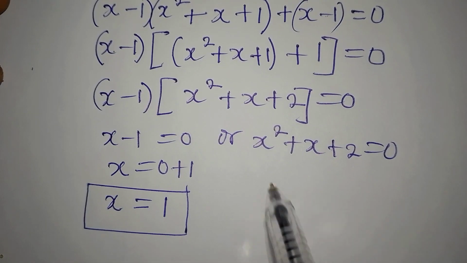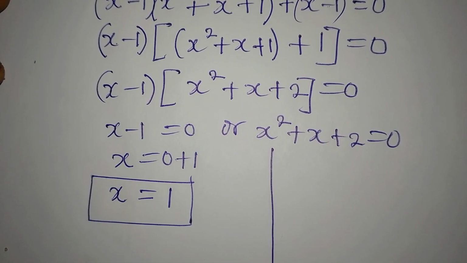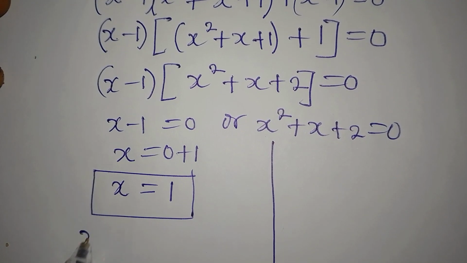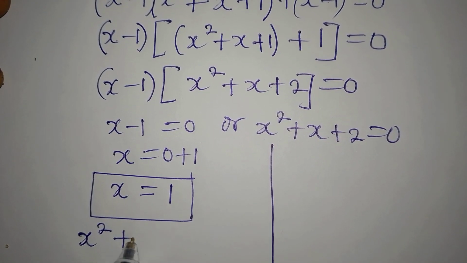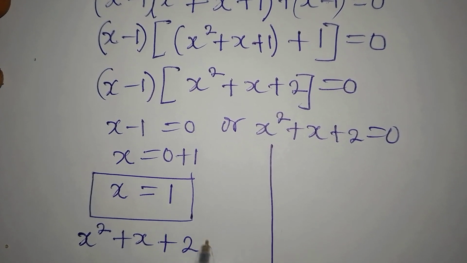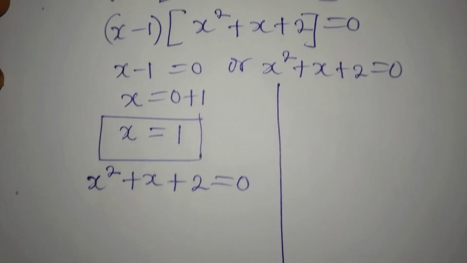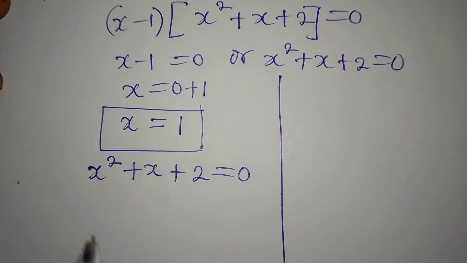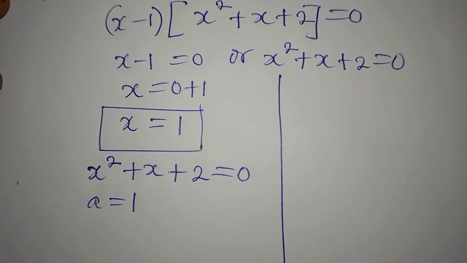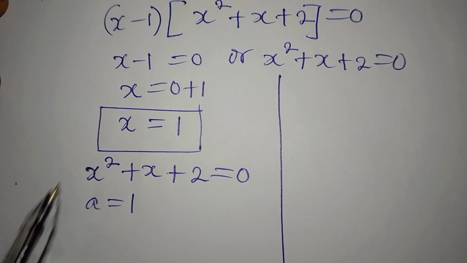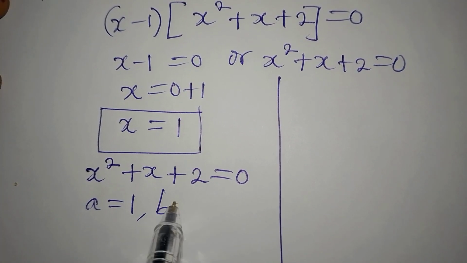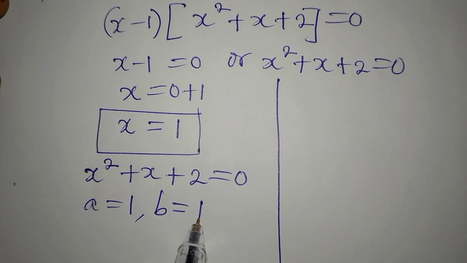Now let's get the other solution, and we are starting from here now. x squared plus x plus 2 equals 0. You need to have your a, b, c. A is the coefficient of x squared, and that is 1. B is the coefficient of x, and that is 1.